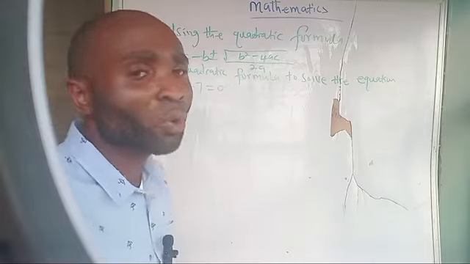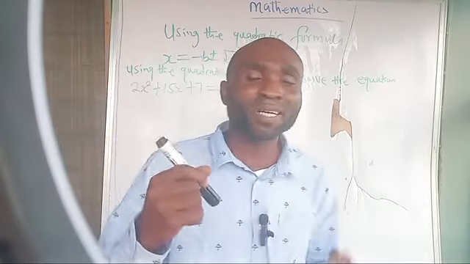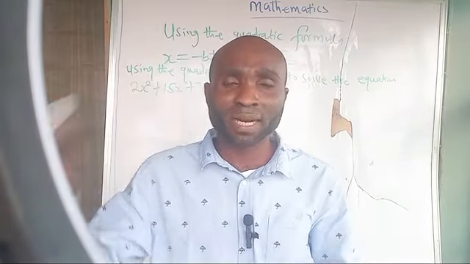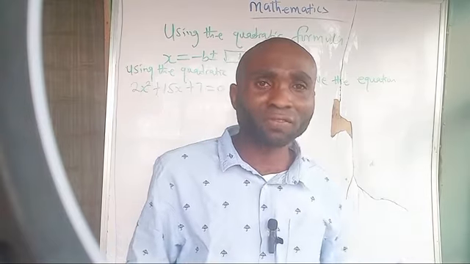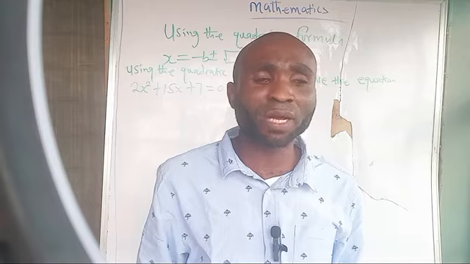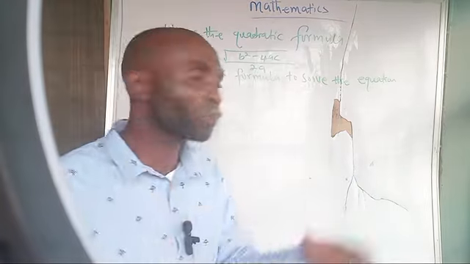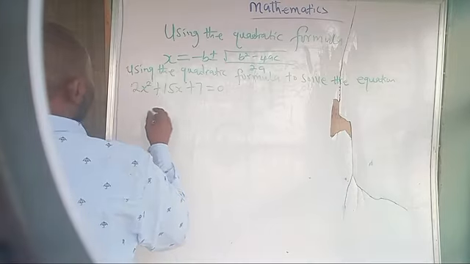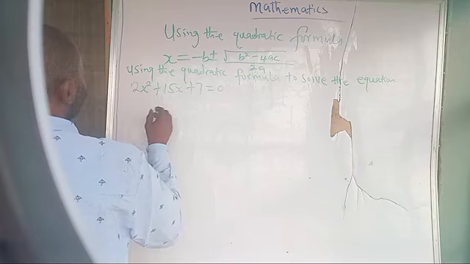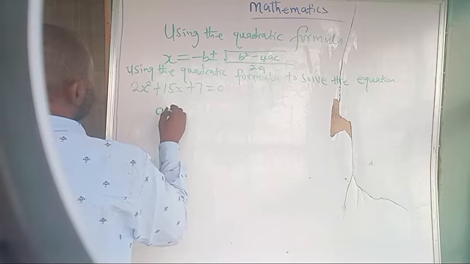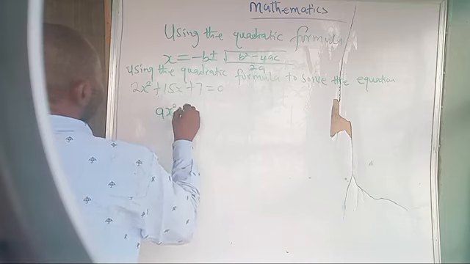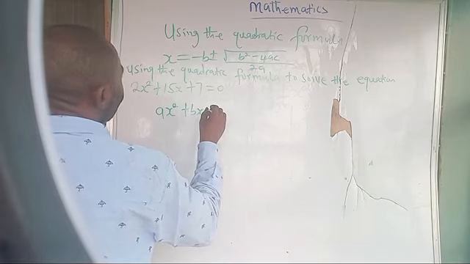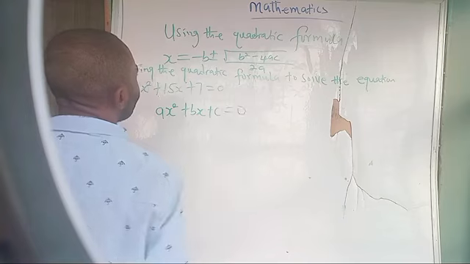Before you solve it, you are going to compare the general formula, ax squared plus bx plus c is equal to 0, with the given equation.